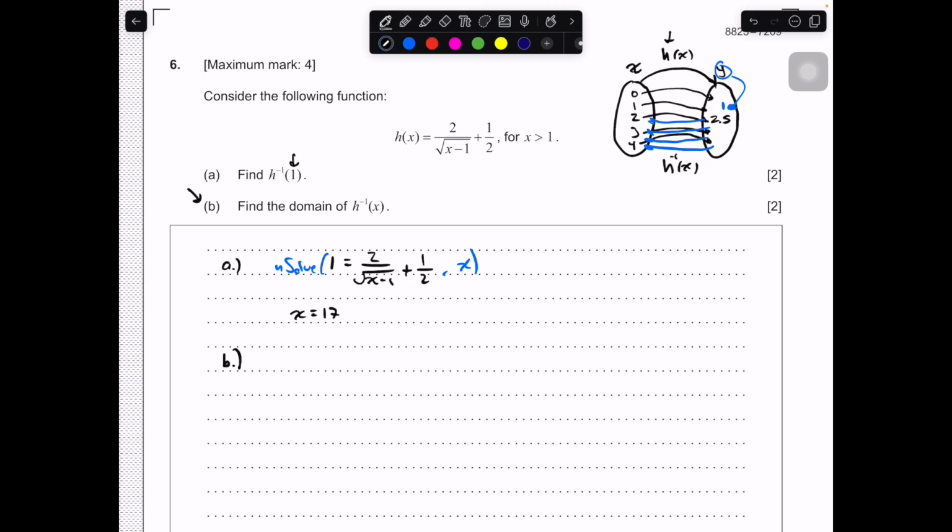This is an extremely challenging question, at least I think. All right, consider the following function. We want to find the domain of h inverse x. So domain is usually the set of inputs. So if we have this function h of x, the domain is a set of inputs that we can feed into the function, and that they'll produce a set of outputs.